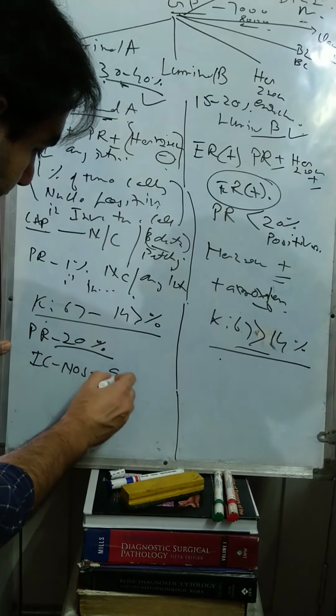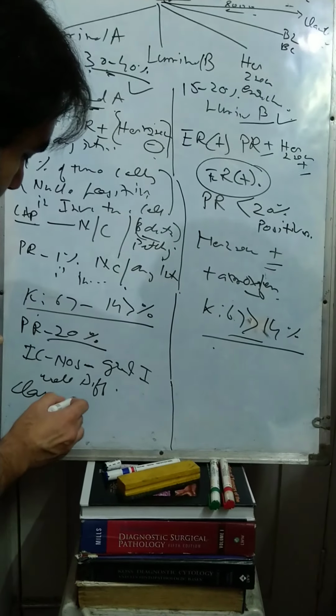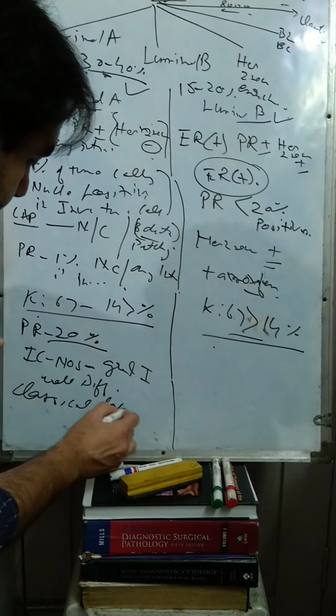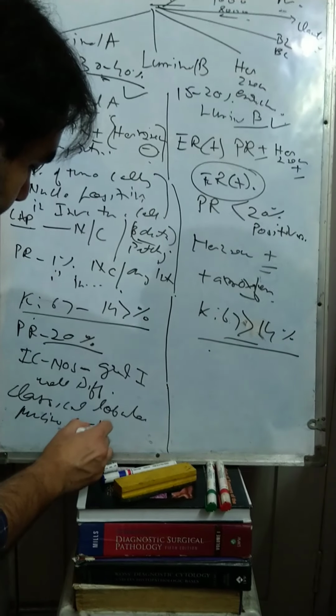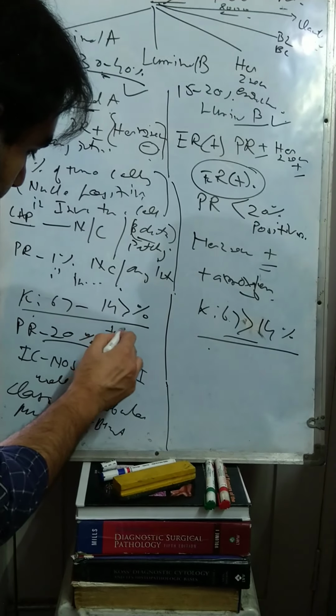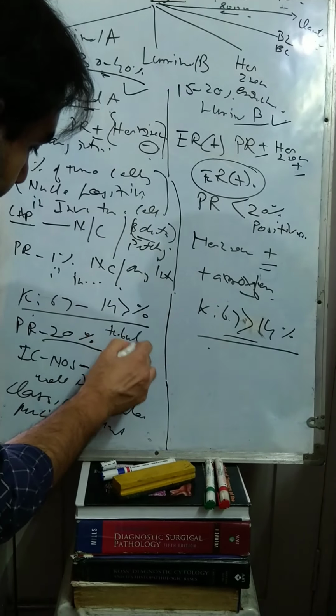Other subtypes which fall in this category are classical lobular, some mucinous carcinoma of the breast, and tubular, of course. So for the postgraduate, if you see these three or four morphologies, it should fall in luminal A.